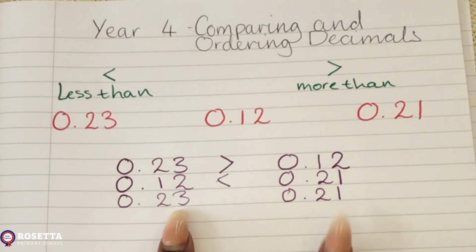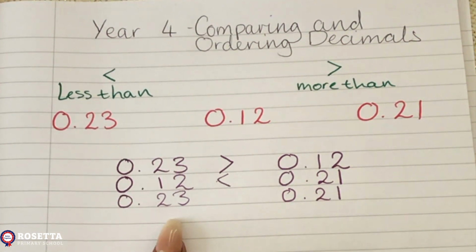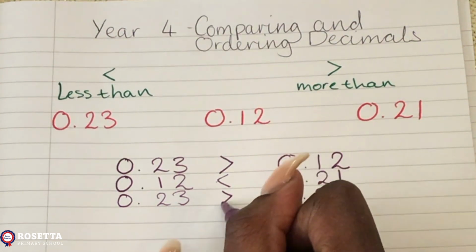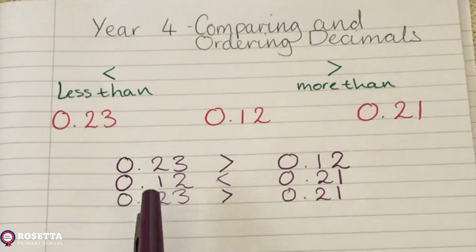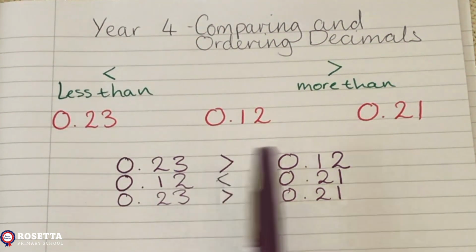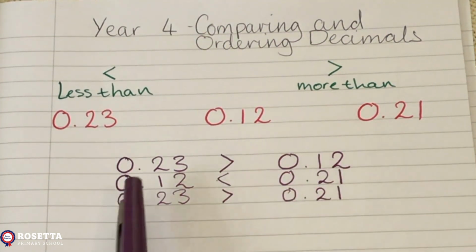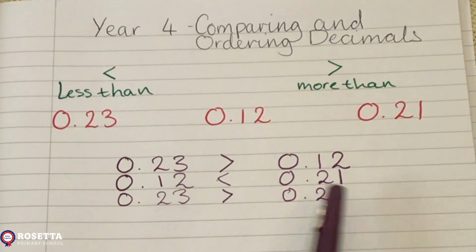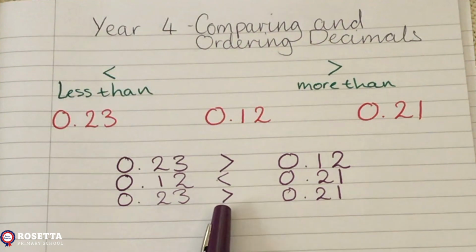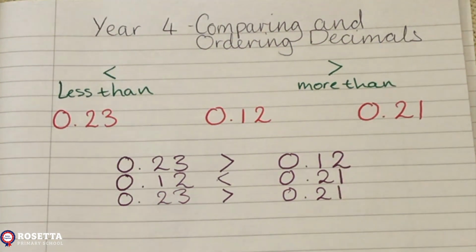This number has 1. So 0.23 is more than 0.21. So we'll say those out. 0.23 is more than 0.12. 0.12 is less than 0.21. 0.23 is more than 0.21.